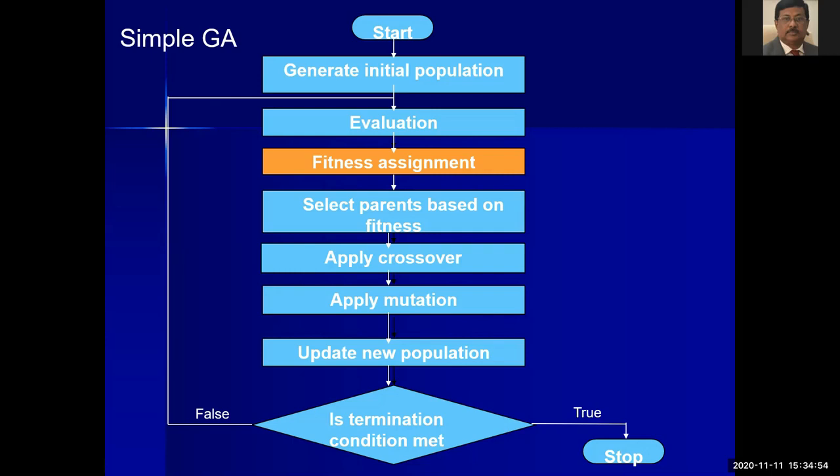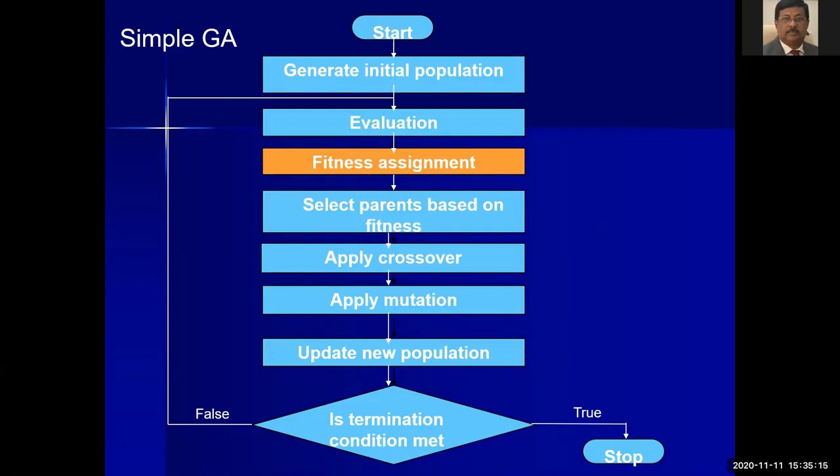Okay. So now let me explain the simple GA with a flow chart. First, in the case of a genetic algorithm, we need to start with an initial population.